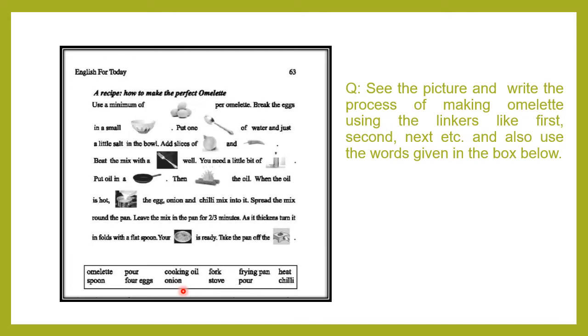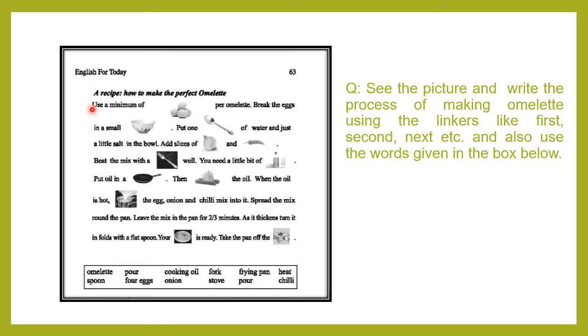to show the sequence. Like here the picture of egg is given, so we have to use this word, 4 eggs. So use a minimum of 4 eggs per omelette. Break the eggs in a small bowl. Put one spoon of water and just a little salt in the bowl. Like this you will complete the sentence, and then use the linker.